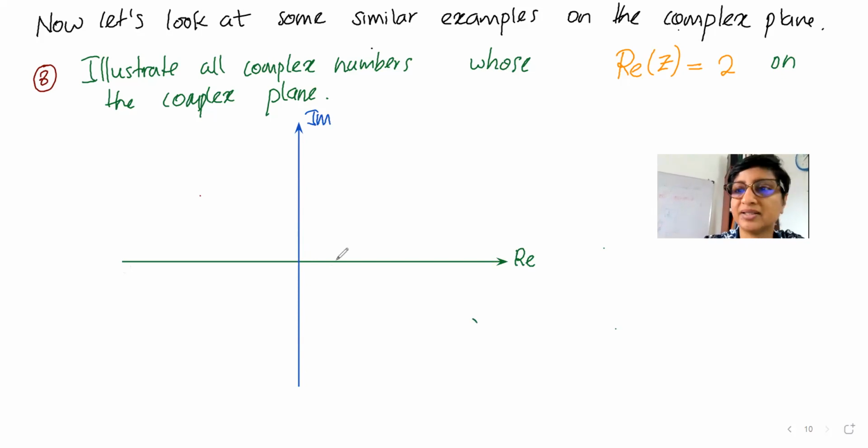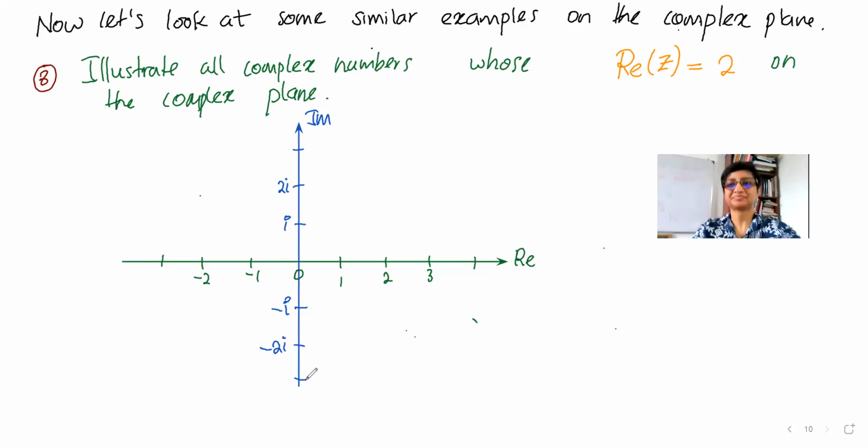I'll mark a few. I think I would need 2 to be on this, so that's not a problem. Then I have i, 2i, and so on, minus i, and so on. You give it a try.